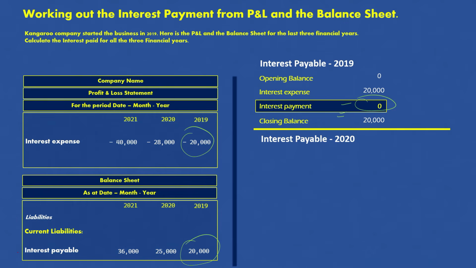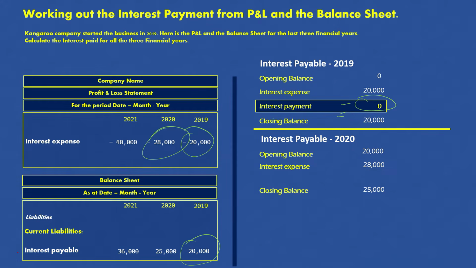Right, so let us talk about the interest payable of 2020. And now for the 2020, the opening balance must be $20,000. You can understand that the closing of 2019 is the opening of 2020. So the opening balance is $20,000, and then there is an interest expense that we can see from the P&L, and that is $28,000. Now it means that if we haven't paid, assuming that we didn't pay anything in 2020 as well, it should mean that my closing balance should be 20 plus 28, that should be somewhere around 48,000.